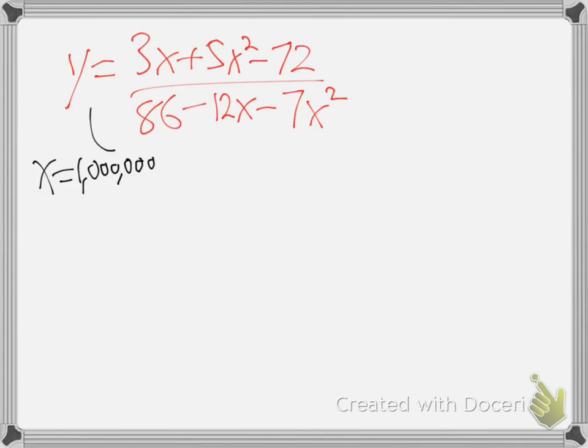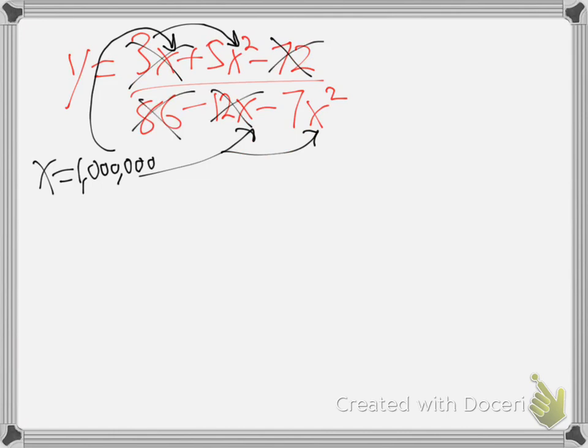Well, if you're going to plug in 1,000,000 for x here and here and here and here, do you see that these terms are irrelevant? The highest power term is so much bigger. This, again, is 1,000,000 millions, way more than 12 millions. So all that will matter effectively is those two terms.